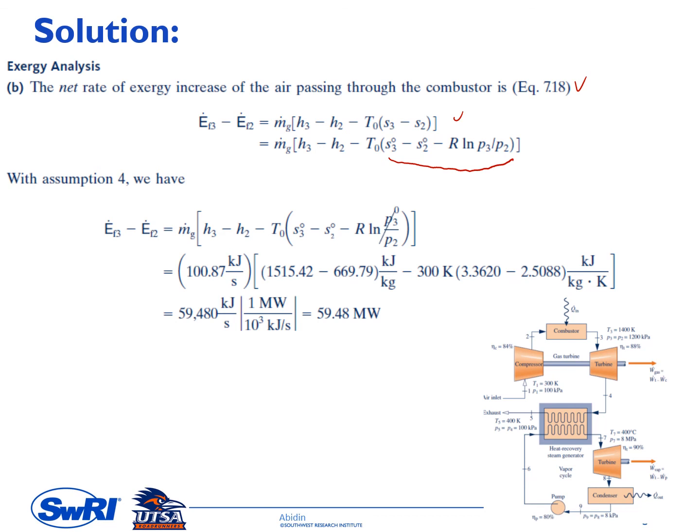With assumption number 4, there is no pressure drop inside the combustor, so P3 equals P2, which means the pressure term is 0, since ln 1 is 0. Then we get the net rate of exergy increase through the combustor as 59.48 megawatt.